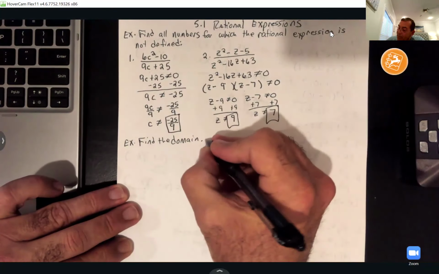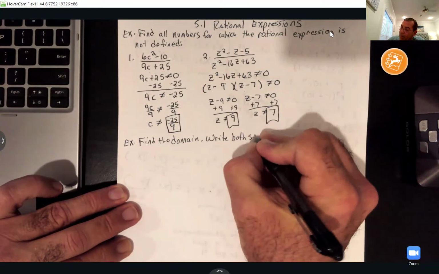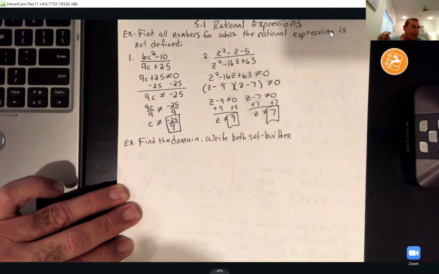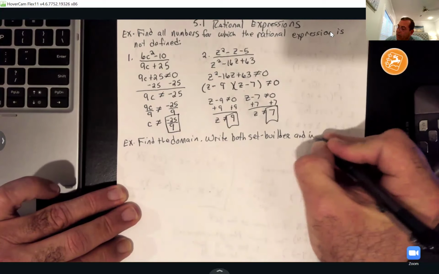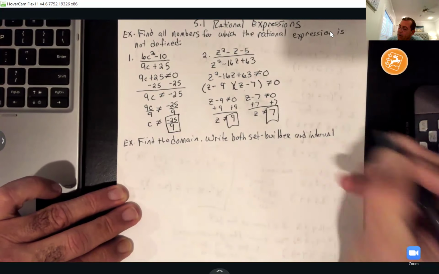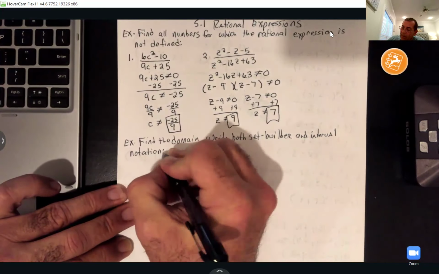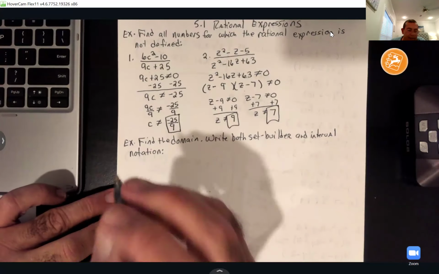Write both set builder and interval notation. All right, so these would start, let's see, about number 3.